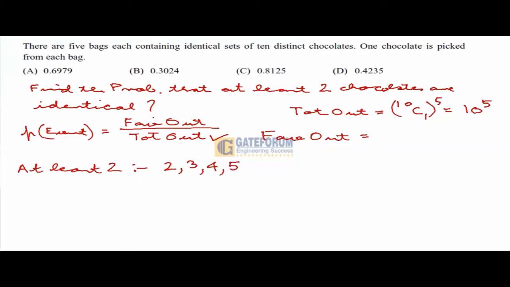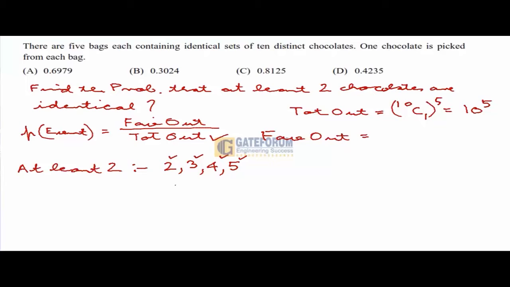It can't be more than five because you are selecting only one chocolate from each bag. So naturally, the criteria would be 2 to 5 chocolates are identical. So that is the criteria. Now, these are a number of cases. Each of them has to be individually found out.